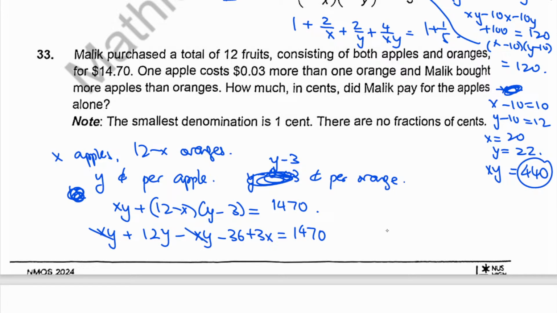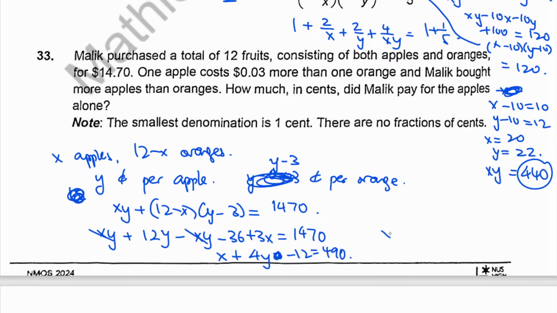Okay, then if I divide both sides by 3, I have x plus 4y minus 12 is 490. So x plus 4y is 502.